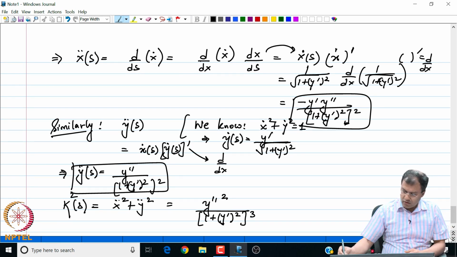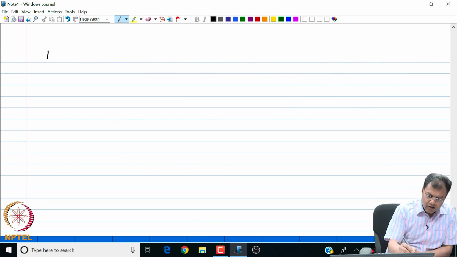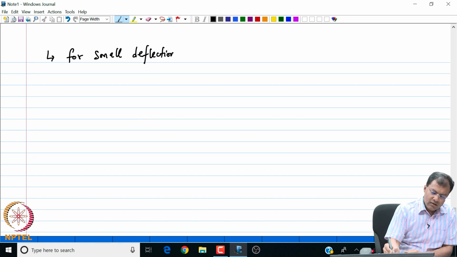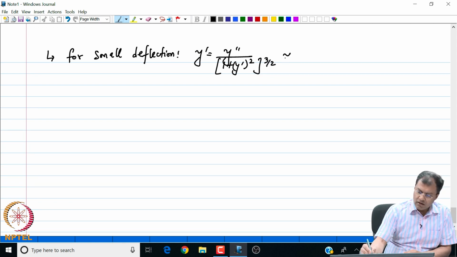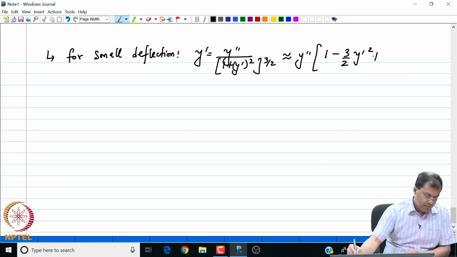Right. So what I have said is the following: for small deflection, I have y double prime divided by (1 plus y prime square) to the power 3 by 2. This is also equal to y double prime times (1 minus 3 by 2 y prime square plus order of y prime 4).